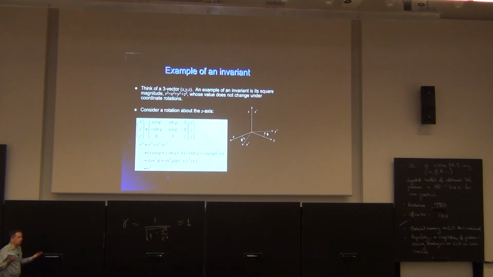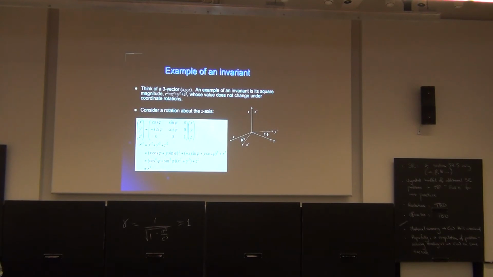One thing for sure is if I was to ask you how far away my red dot is from the origin. For some reason I lost my red dot on the slide. So let's call that distance r, there it is. If you calculated it in either of these reference frames, one of which is rotated with respect to the other, you'll find that the value you get for the square of the distance, which is just a three-dimensional extension of Pythagoras, is the same quantity.